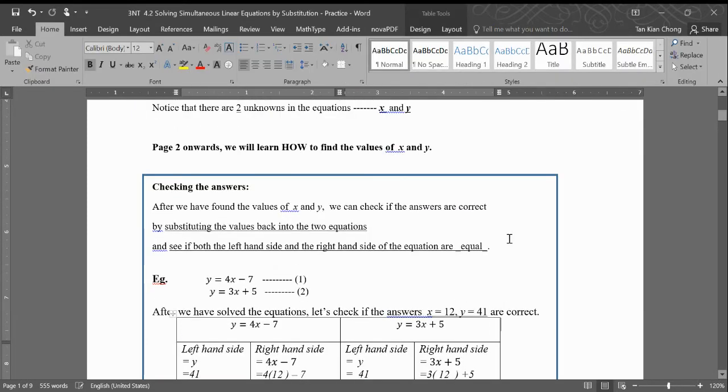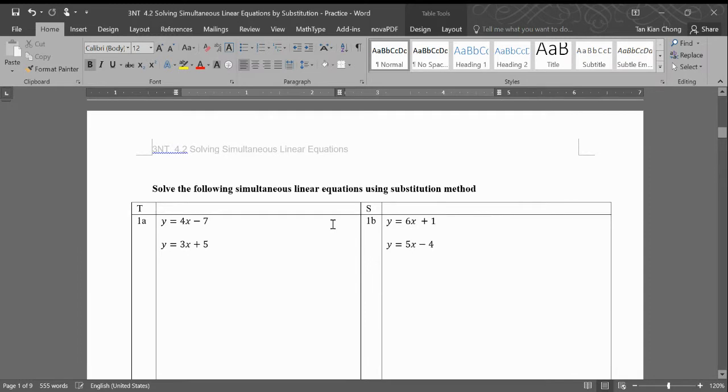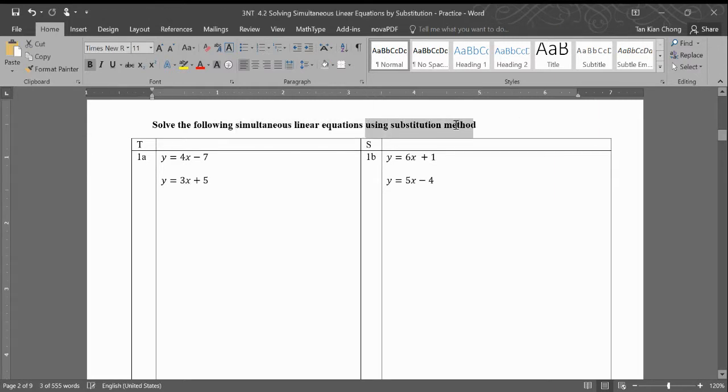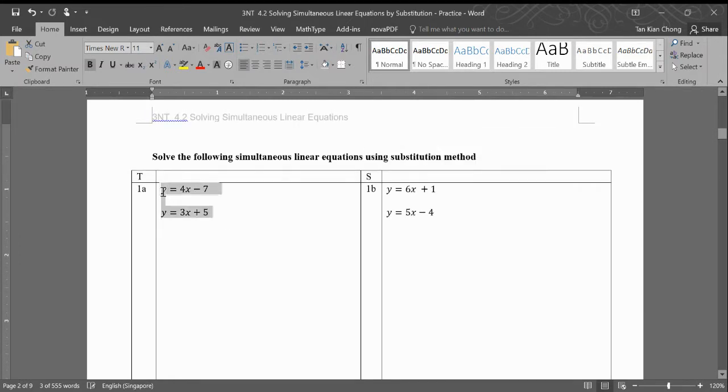Now for the first time, I'm going to show you how we solve simultaneous linear equations using the substitution method. Usually in the question you'll be given two equations.